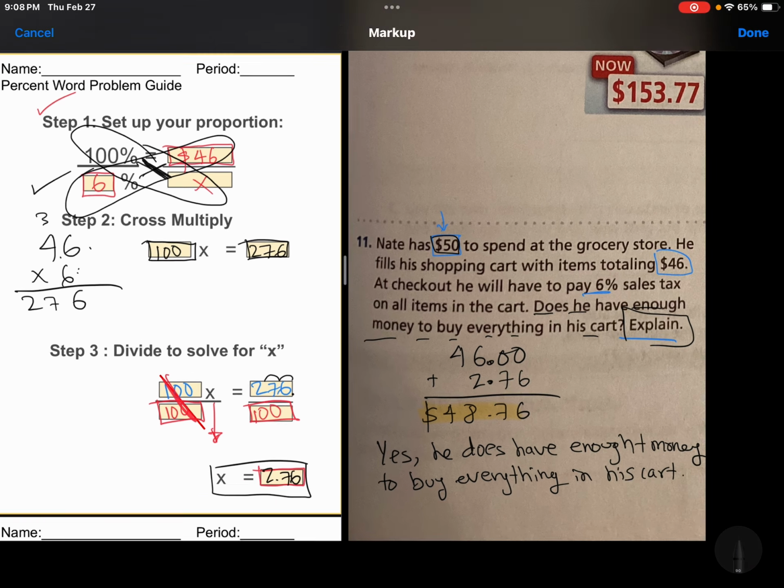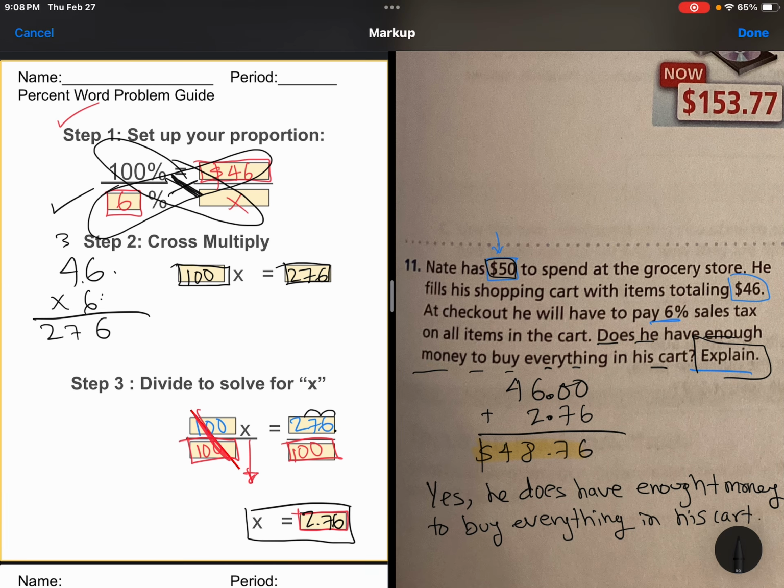So because the grand total is 48.76, and he has $50 to spend, he is able to pay for everything in his cart.